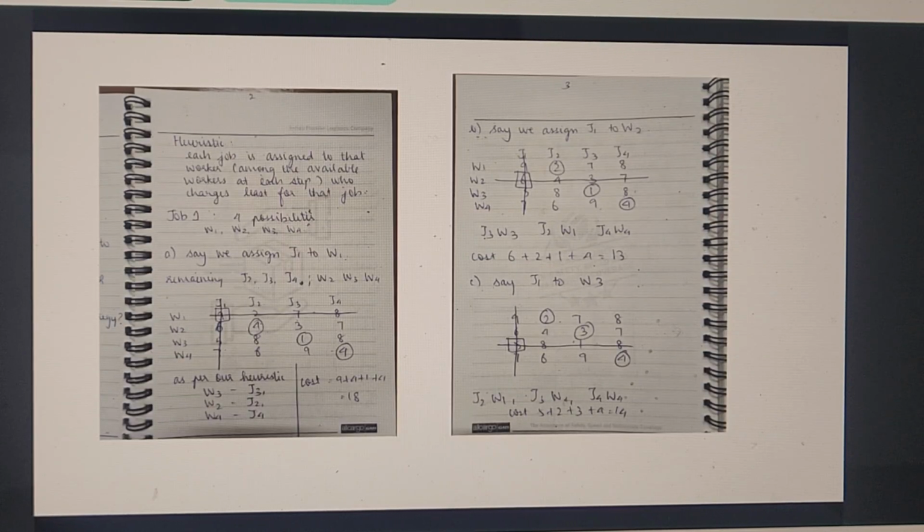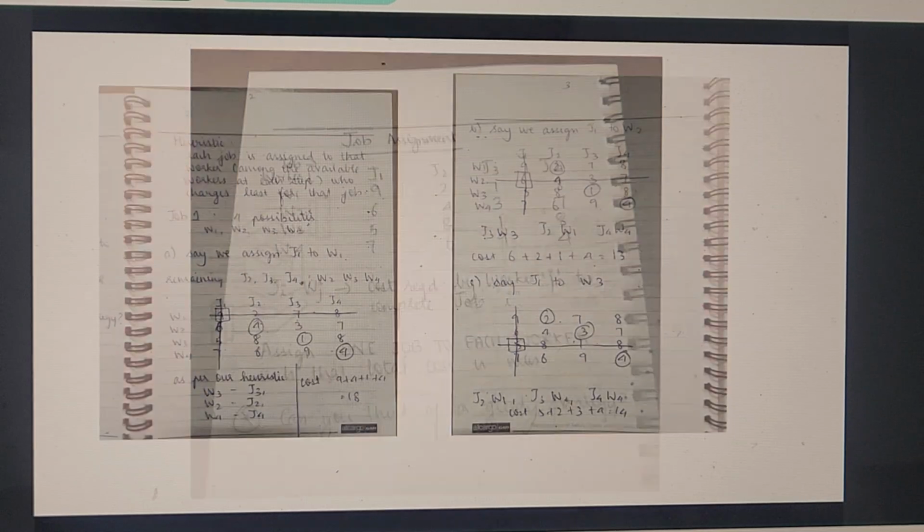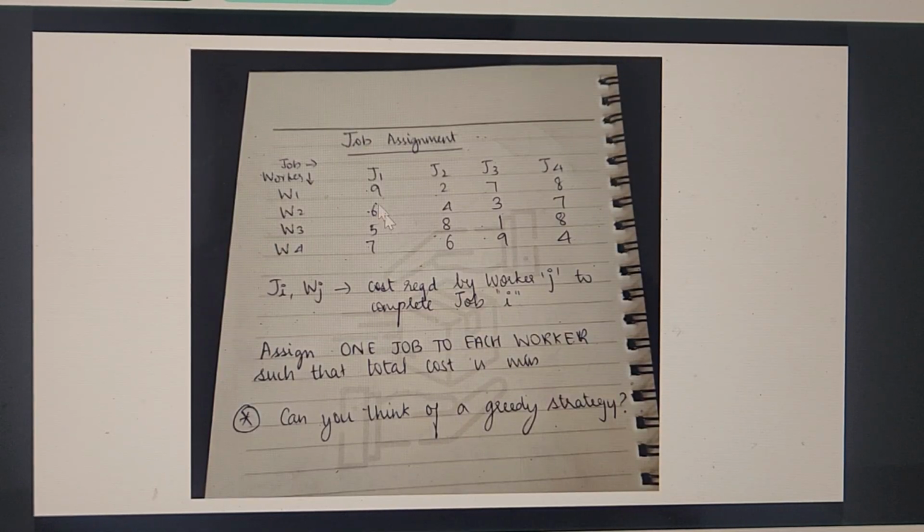Now I will not go into the mathematical proof for this, but intuitively it is not very difficult to understand that this is a valid, sound, reasonable greedy choice, because ultimately you want all 4 jobs done. So for each job you are going to choose whichever worker is charging the minimum. And how we are going to do this is, we are not going to go about in J1, J2, J3, J4 sequence. We will look at the entire matrix and choose the global minimum.